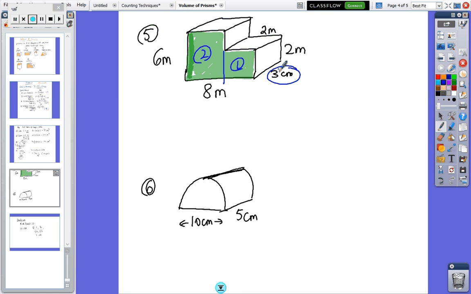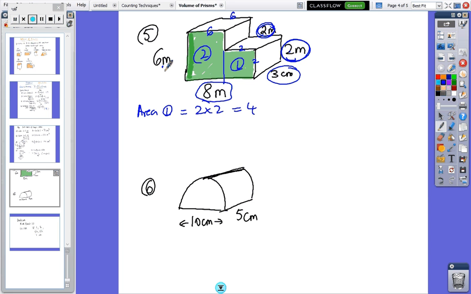I'm going to transfer this number. That 2 there can come across, that 2 there can come down. So the area of shape 1, which is a square, it's 2 by 2, which is 4. Now, in area 2, we've got to put some numbers. So the total is 8, that's 2, so that means that's 6, which means that's 6.